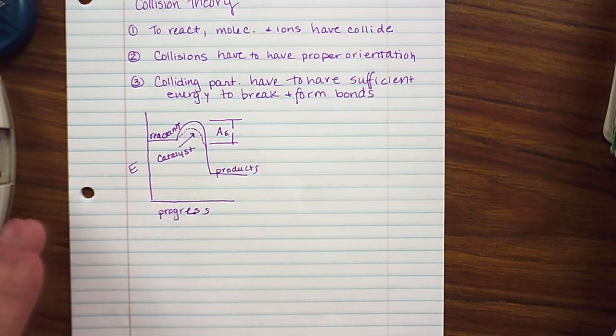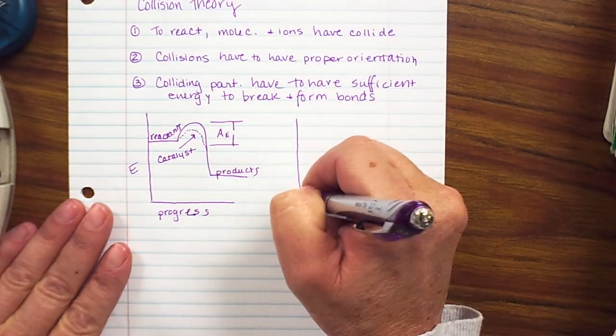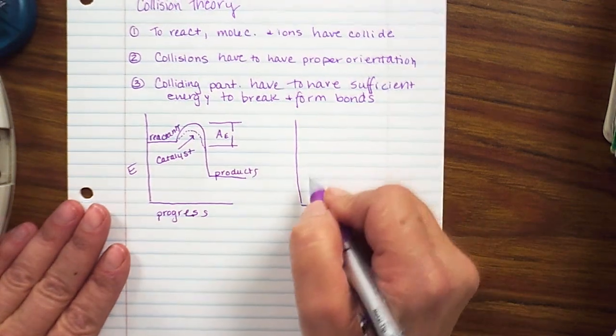In some way, draw the line that will show the use of a catalyst, and all you have to do is show the line dotted with less energy needed. Okay, so same line, only this time we're going to show it.